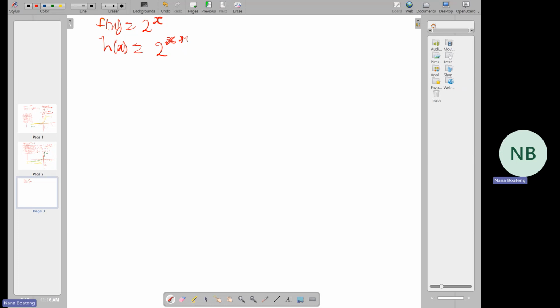It means horizontally shifted to the left by 2 units. And the minus 1 signifies that it's been shifted downwards: a vertical shift downwards by 1.